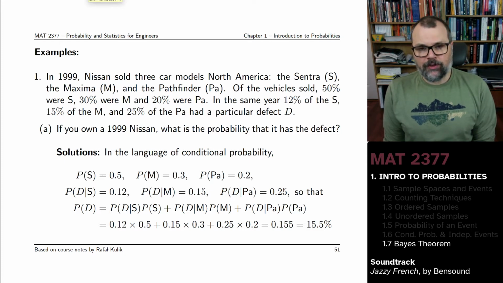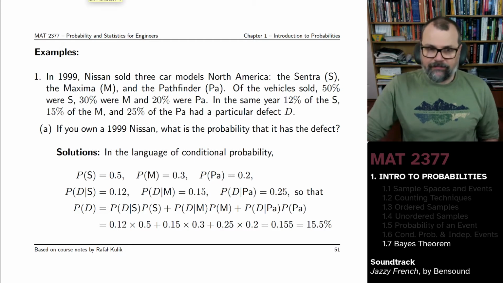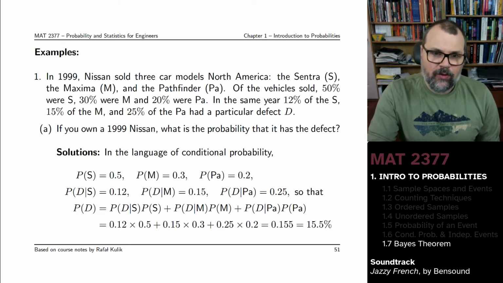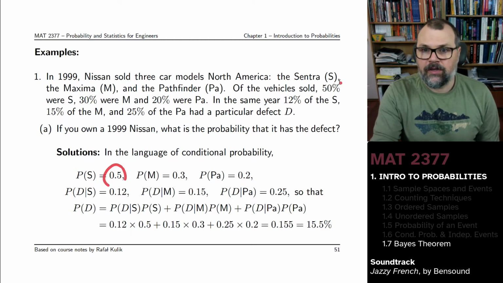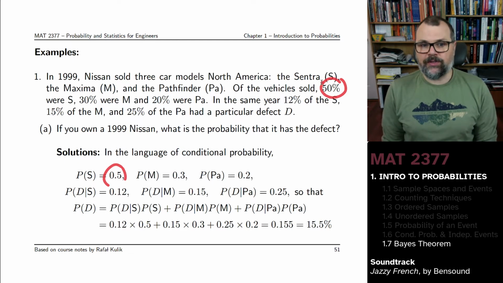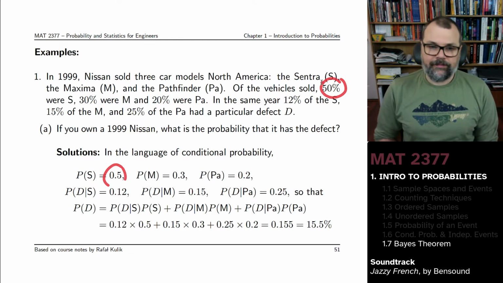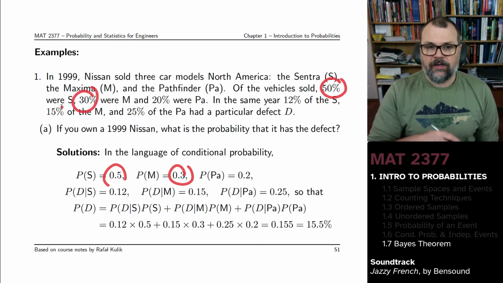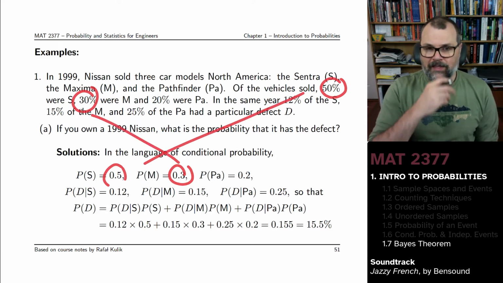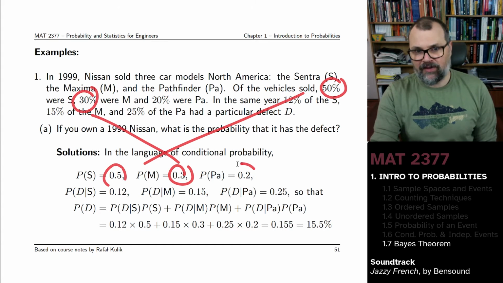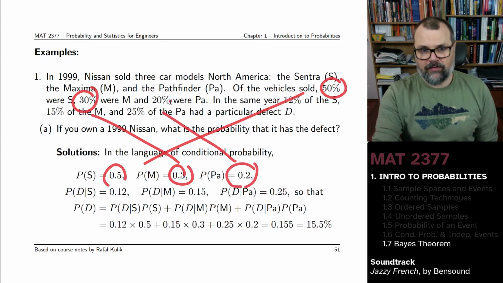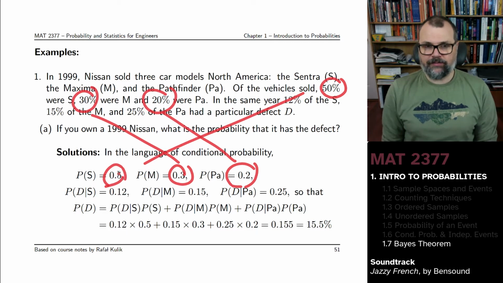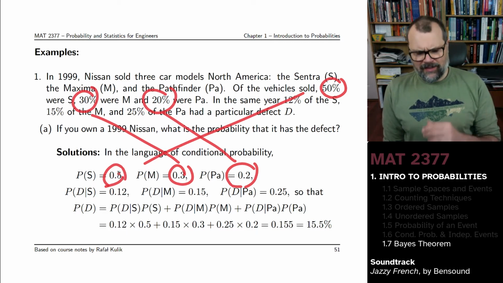If you're going to use conditional probability, the probability that you have a Sentra would be 50%, because 50% of vehicles were Sentras. The probability that it's a Maxima, 30%, because 30% were Maximas. And the probability that you have a Pathfinder, 20%, because 20% were Pathfinders. That adds up to 100%.